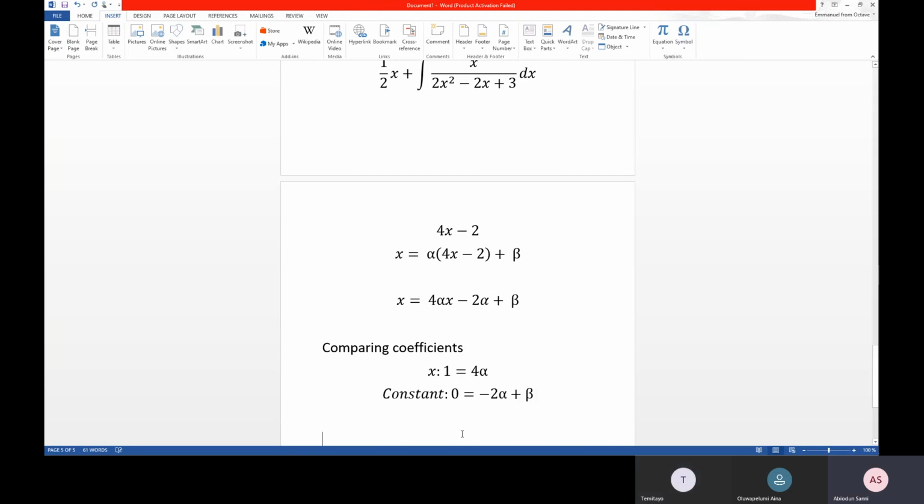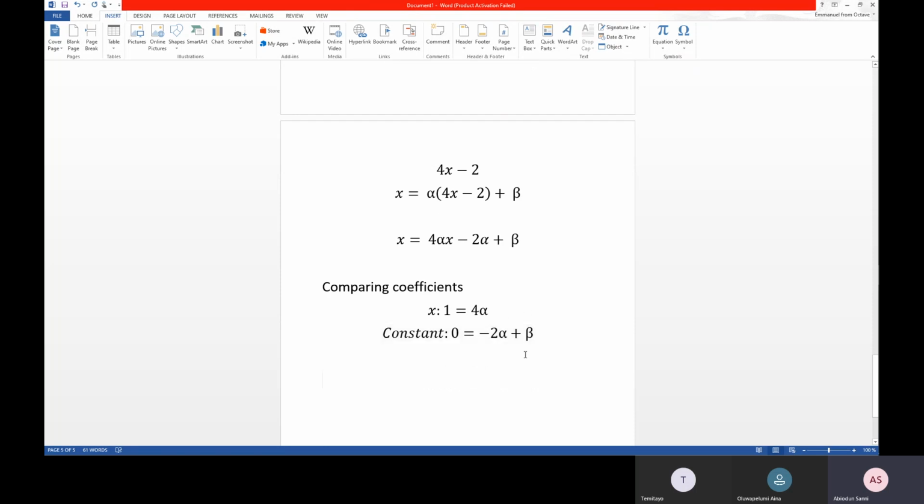So you have 2 equations: this one is equation 1, this one is equation 2. From equation 1, what's your alpha? By making alpha the subject of the formula, alpha is equal to 1 over 4.